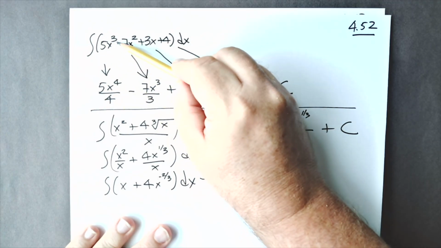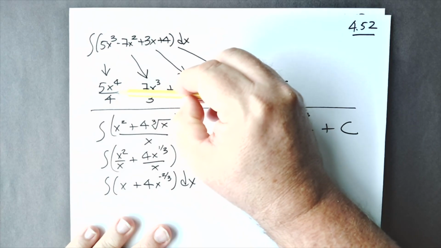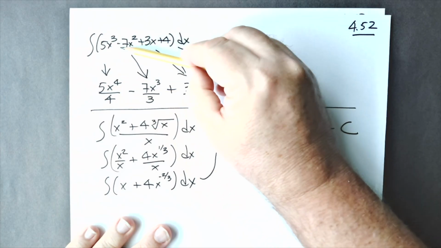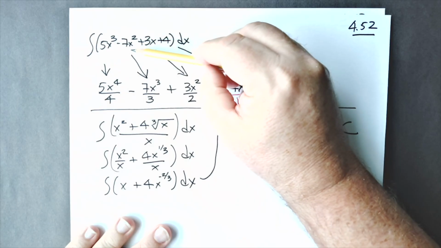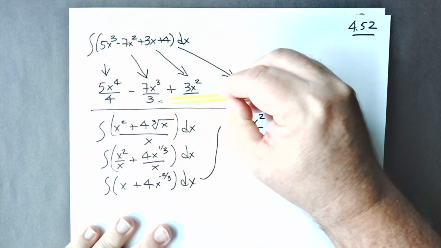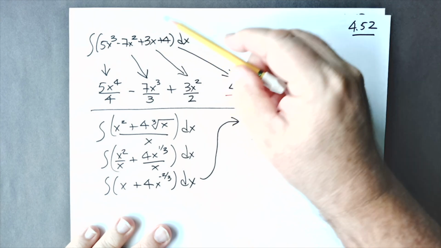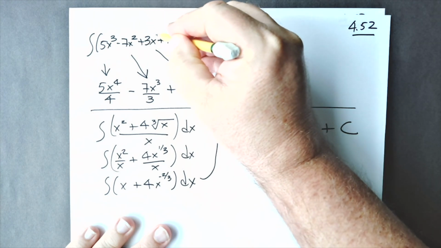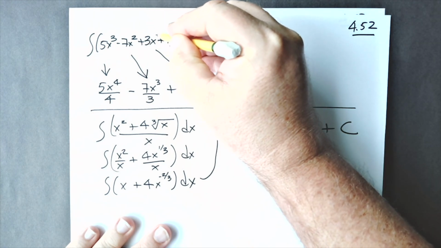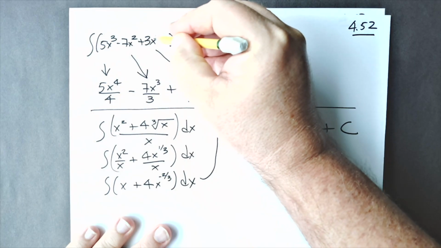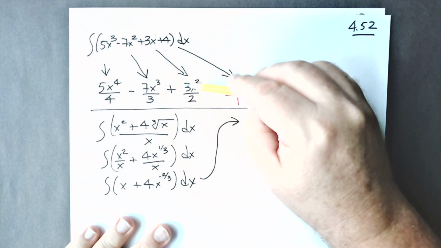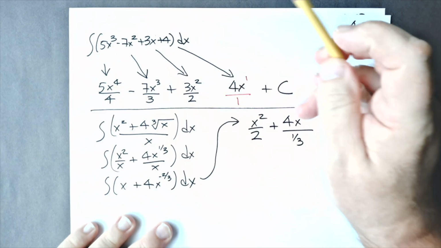So 5x cubed becomes 5x to the 4th over 4, minus 7x squared becomes 7x cubed over 3. 3x, remember when we have just a single variable to a power, there's a 1 there really. So 3x becomes 3x squared over 2.